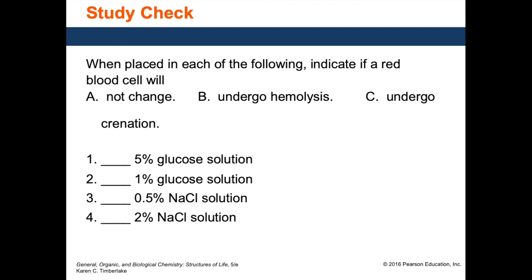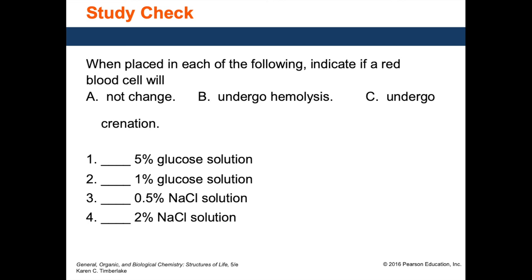Okay, so if it's isotonic, it won't change. If it's in a hypotonic solution, so there's more water, the cell is going to absorb water and undergo hemolysis. If it's in a hypertonic solution, so there's more solute and therefore less water, the cell is going to lose water to the surroundings and therefore undergo crenation.